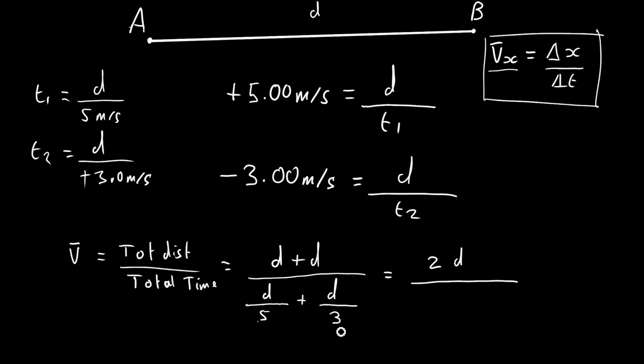So if we multiply out 3 and 5, 3, 6, 9, 12, 15, and 5, 10, 15, this is the lowest common multiple, because these two values can divide evenly into this number without leaving a remainder.